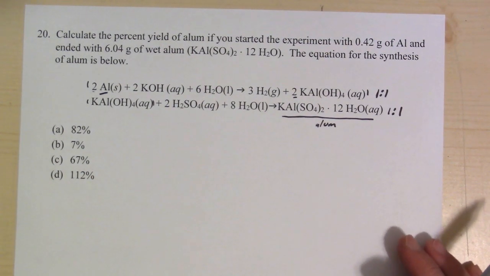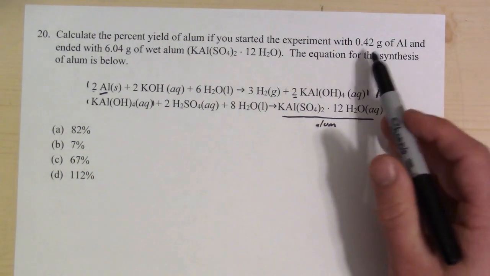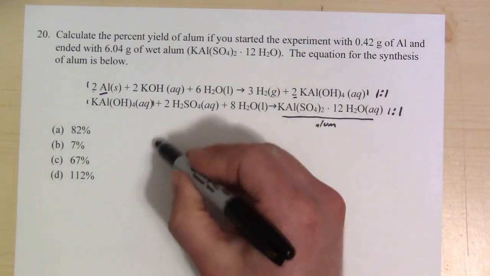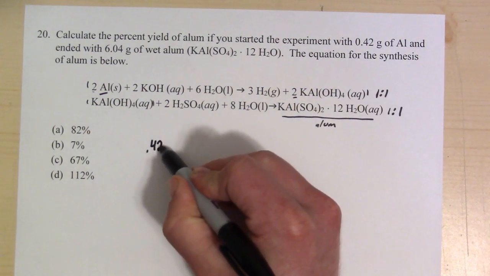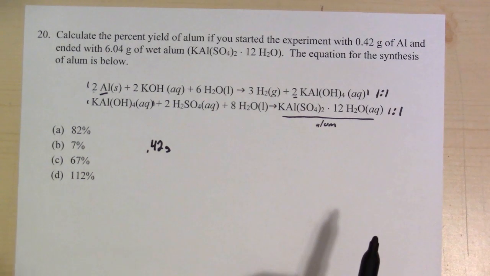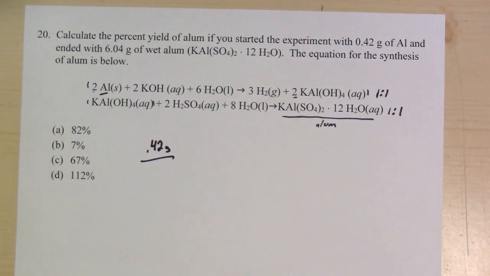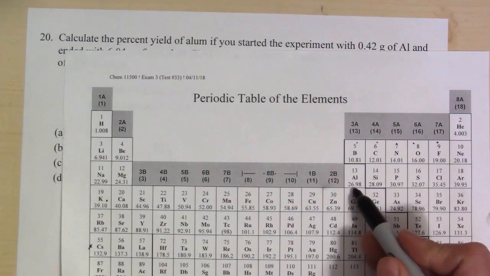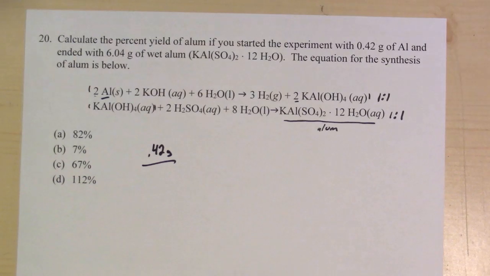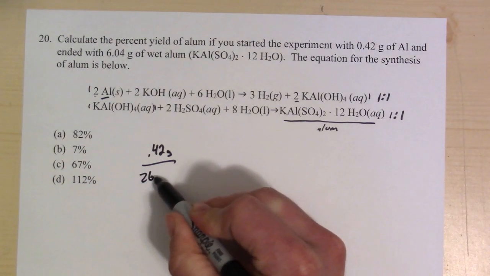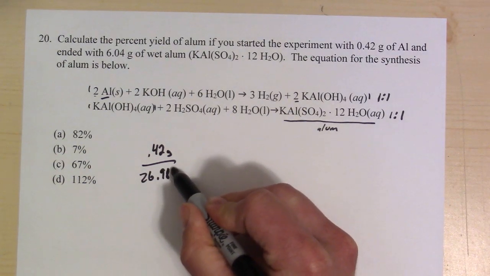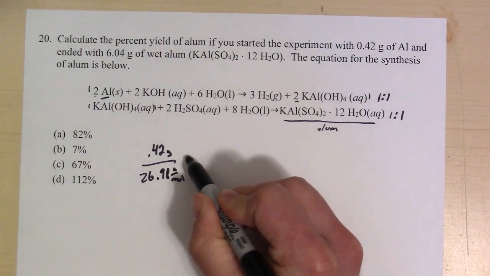So we're given that we start the experiment with 0.42 grams of aluminum. We can calculate the number of moles of aluminum by dividing that by aluminum's molar mass, which we can get from our periodic table, 26.98 grams per mole.